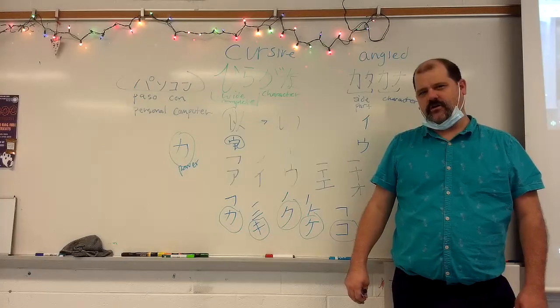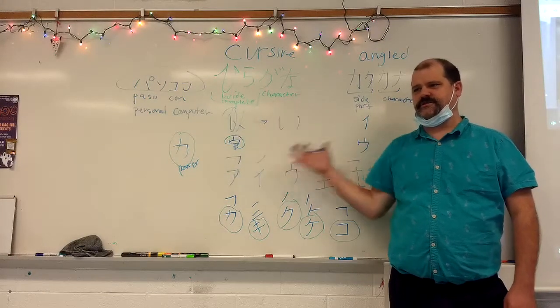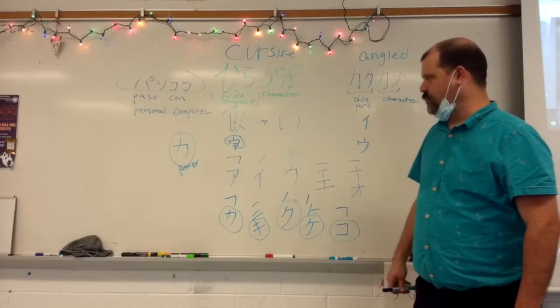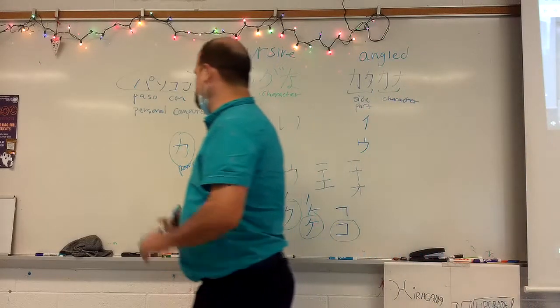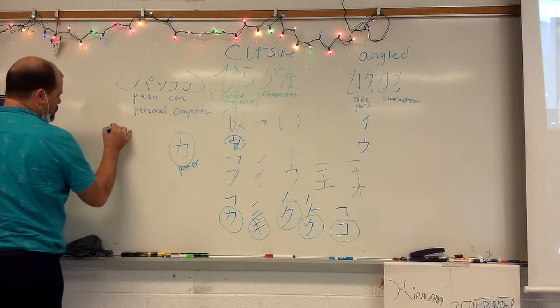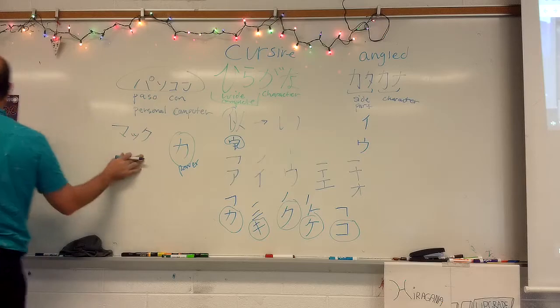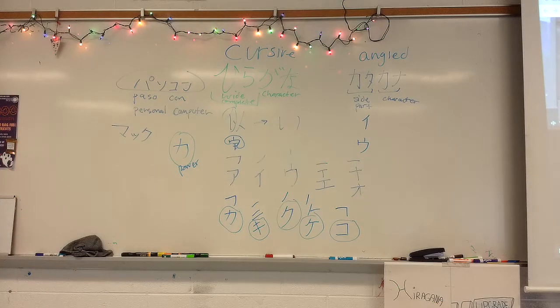So that's pretty much all the characteristics of katakana. They're used exclusively for foreign words. For example, this word right here, maku. Maku is the shortening in Tokyo for McDonald's.